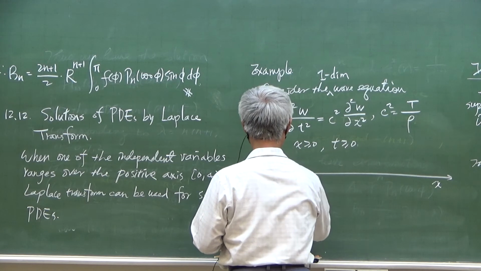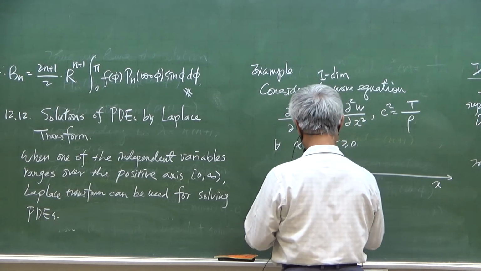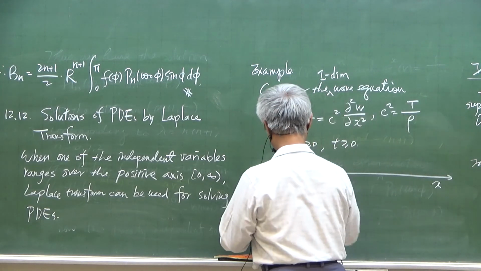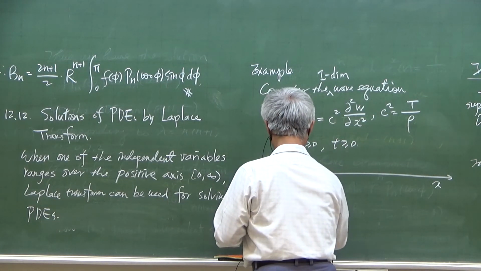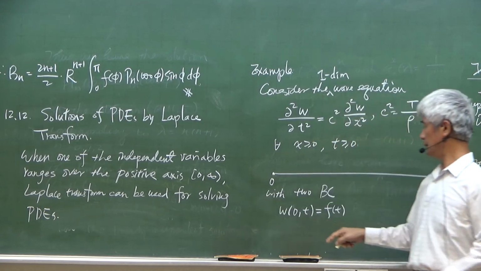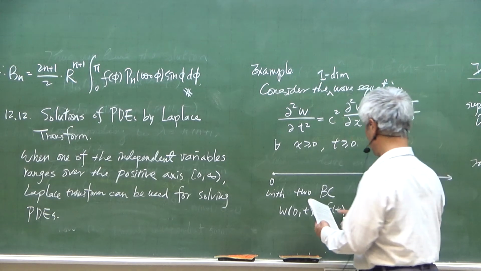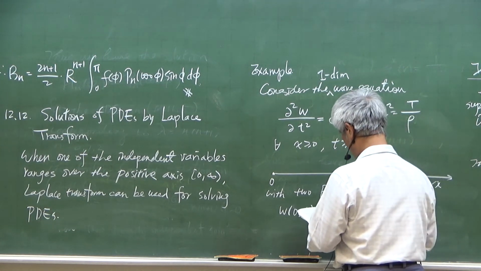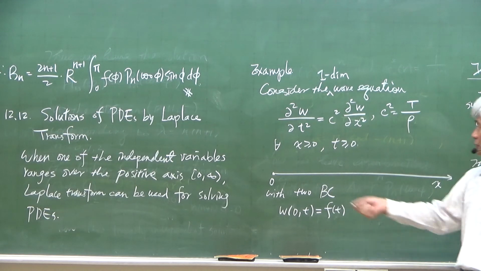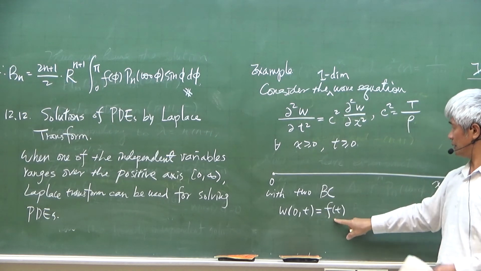And with two boundary conditions. All right, so we have two boundaries. One is at x equal to 0. Okay, and we give a driving force. We give the displacement. We actually exert some force to move the end by hand. So here is the boundary condition.